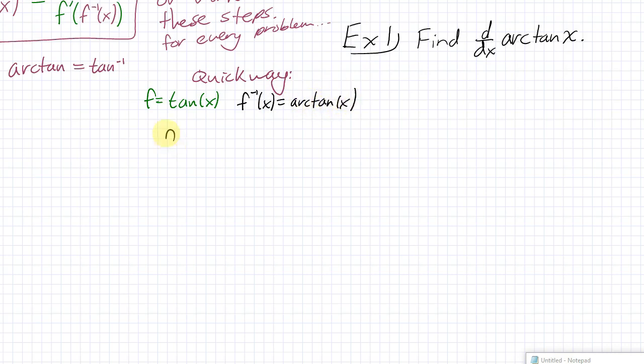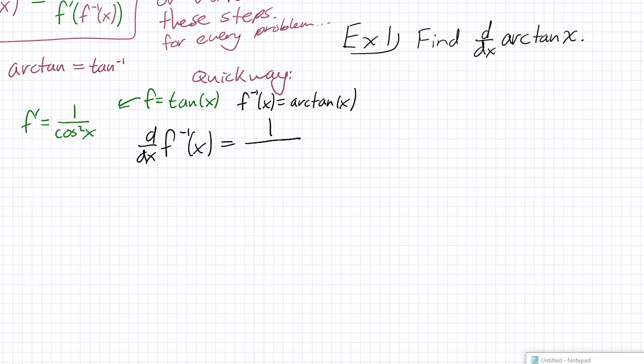And so to use that rule, the derivative of f inverse of x should be equal to 1 over the f prime function. So we need that right here too. So the derivative of tangent is 1 over cosine squared of x.